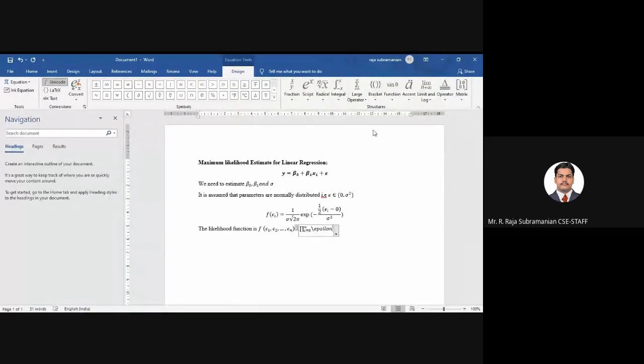Now I can get epsilon. So epsilon is the multiplication of all the epsilon values, right?